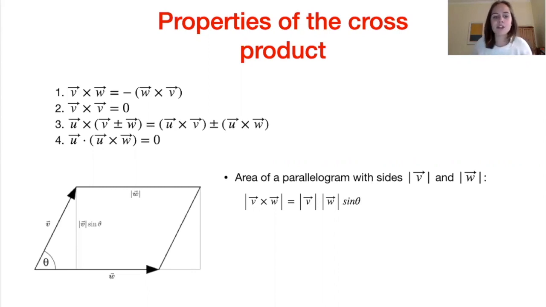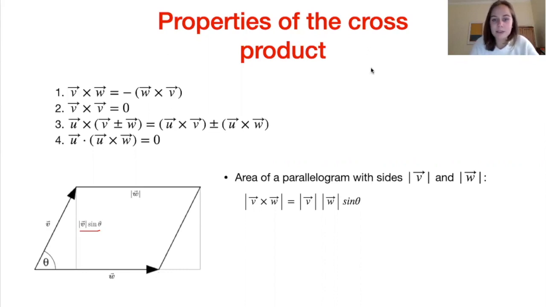Well, if we imagine these vectors V and W in space, and what therefore the magnitude of their cross product represents, if we look at this diagram here, we can convince ourselves that the magnitude of V cross W is actually equal to the area of a parallelogram, because we can represent V sine of theta as this vertical length, and therefore if we multiply it by W, which is the length of the horizontal side, we find the area of our parallelogram.